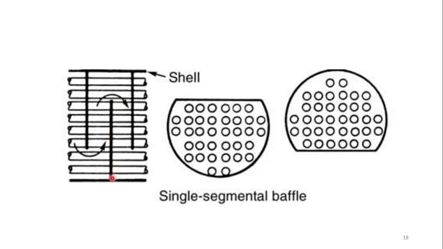So it serves two purposes: first, it holds the tubes, and second, it directs the shell side flow inside the shell. So the flow direction would be in this way. The shell side fluid will come here, and this baffle will direct the flow in this way, and this baffle will direct the flow in this way. So the baffles are used to direct the flow inside the shell. So this is the single segmental baffle, right?